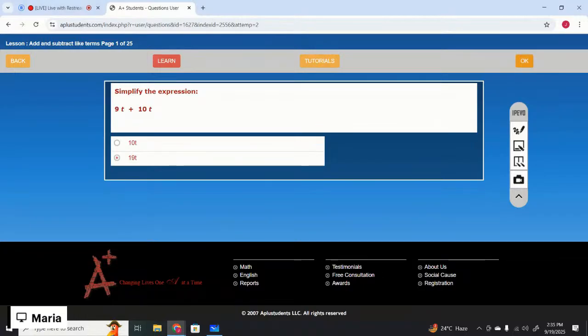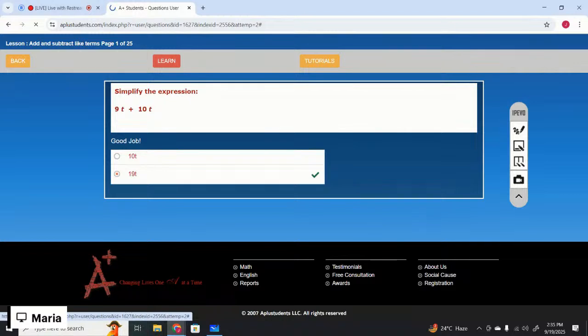That is 19t. Option number 2 is the correct option.